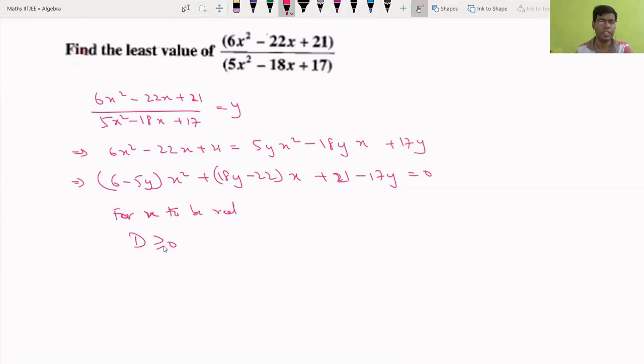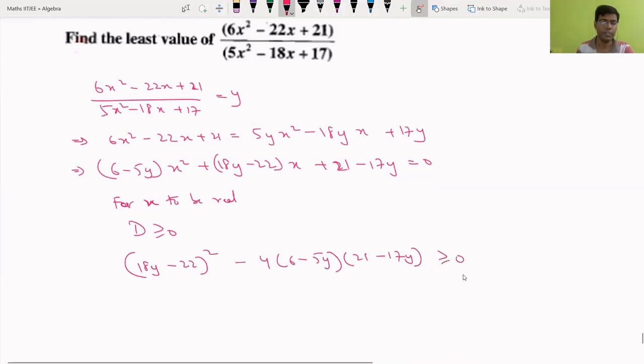So when the discriminant is greater than or equal to 0, because this expression is true for all real values of x, we have the discriminant: 18y minus 22, this is my b square, minus 4a, a is my 6 minus 5y, c is 21 minus 17y, greater than or equal to 0.